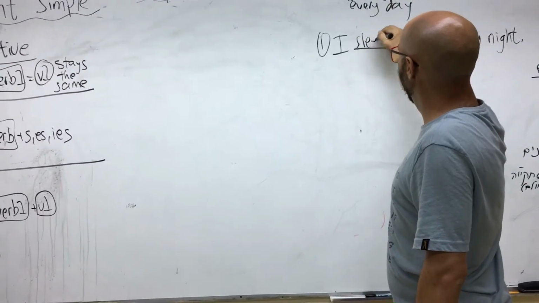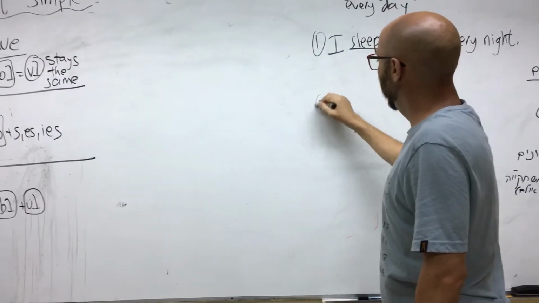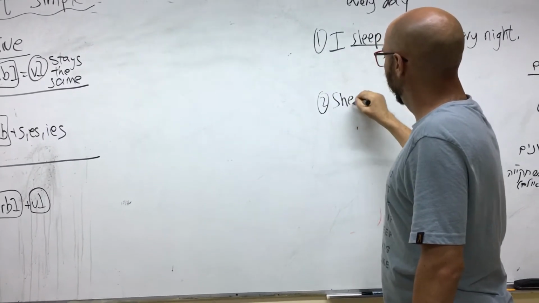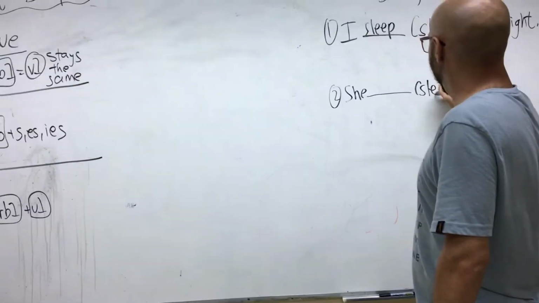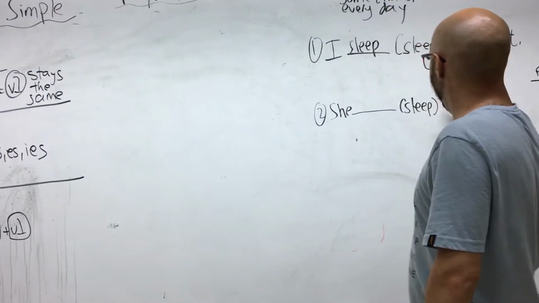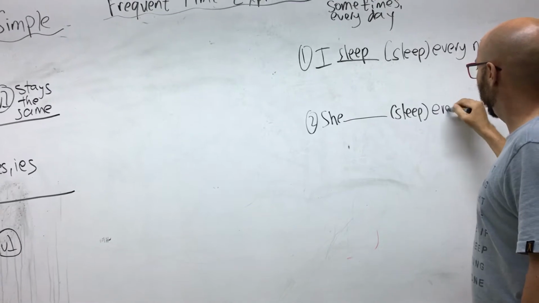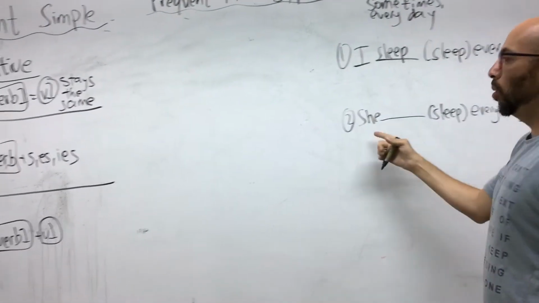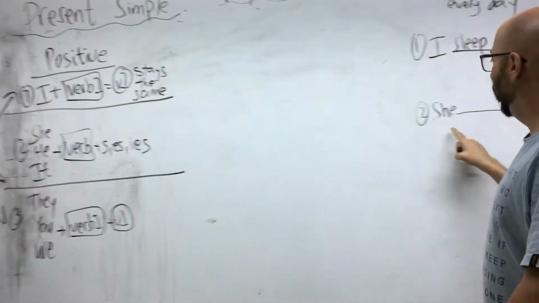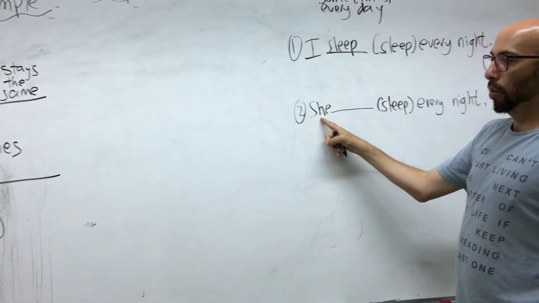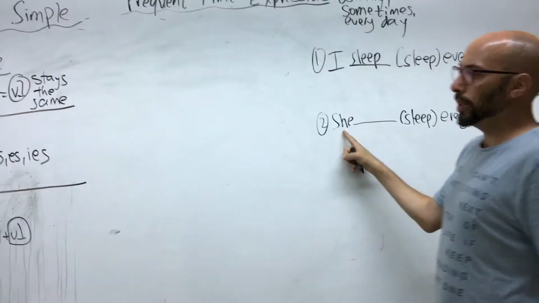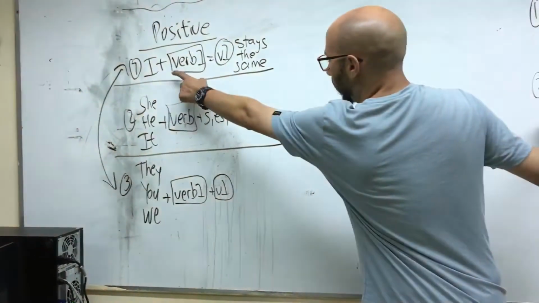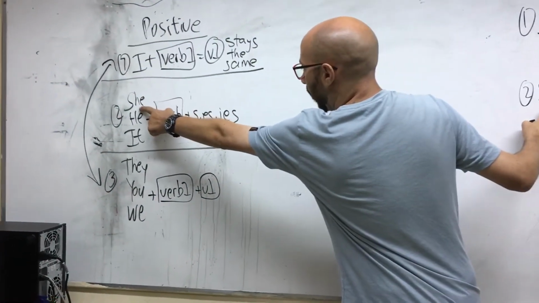I sleep every night. Now, she. Let's take the same sentence. She sleep every night. How do I know which body to use? I put my finger under the word she, and I scan the three bodies. Here I found it, she.